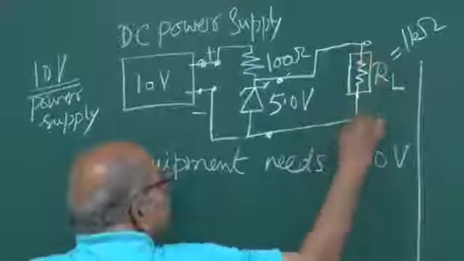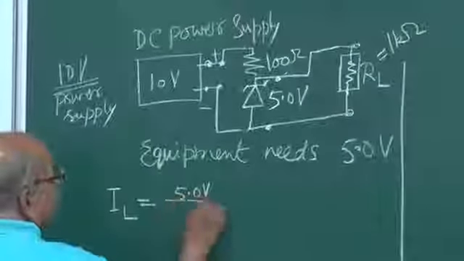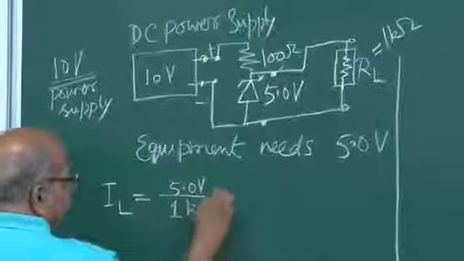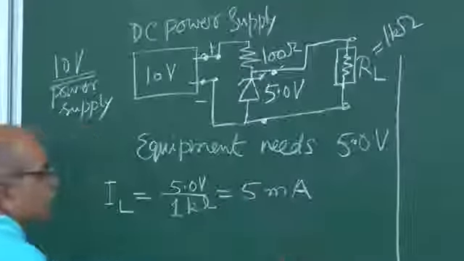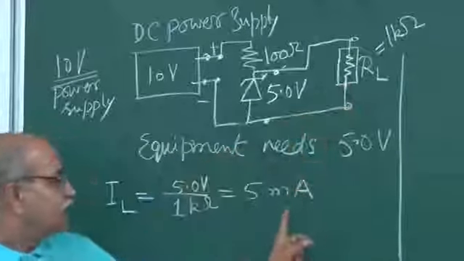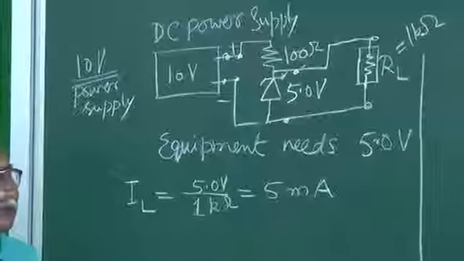Here it is 5 volts, divided by this 1 kilo ohm. So that is 5 milliampere. And the equipment will receive this voltage and this current 5 milliampere only.